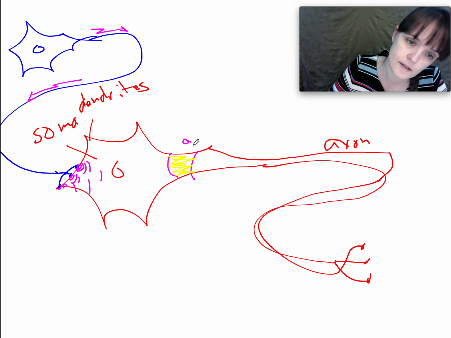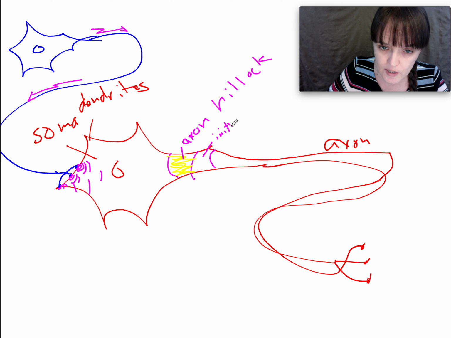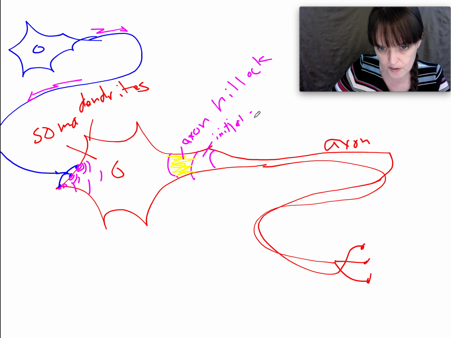The effects of these graded potentials on the axon hillock determine whether or not we bring the initial segment to threshold. Now I'm trying to draw it really small so it gets more difficult. Initial segment. It'd be easier to write in cursive. All right, let's do this again.